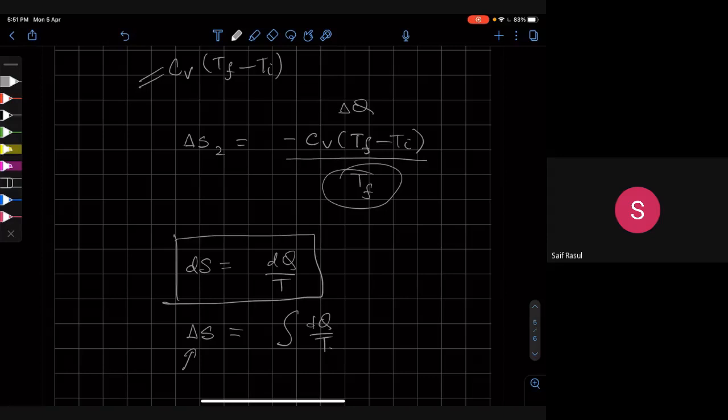Is everyone fine with the setup of problem 5.3? Sir, isn't it basically calculating the total entropy of the whole system, reservoir and the surroundings?